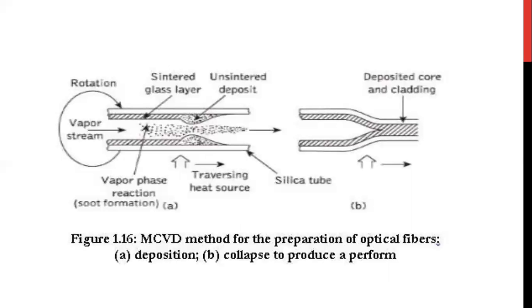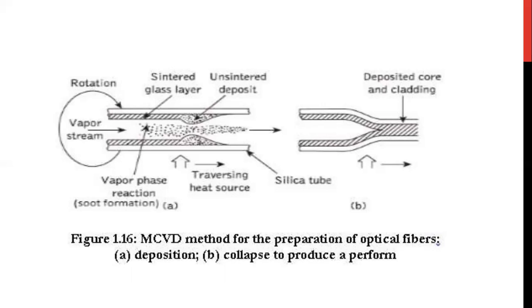So as you can see, here we are using two glass tubes. In MCVD, we are using two glass tubes. Inside this glass tube, we will be transmitting a vapor stream that consists of the dopants so that we can create a doped glass material.